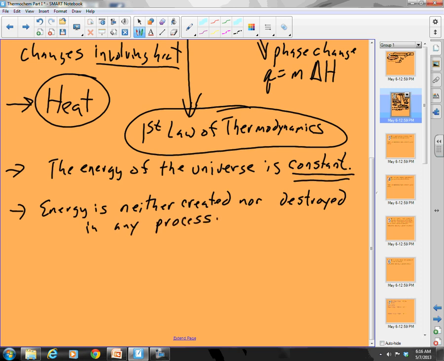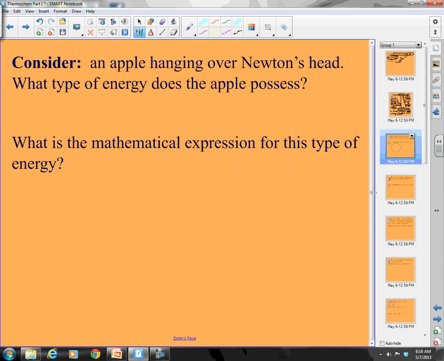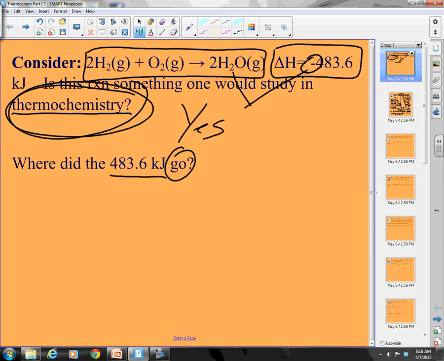So that's really the first law of thermodynamics, meaning that if I have a positive heat somewhere, there must be a negative heat somewhere else. And back to our first question, where did this 483.6 kilojoules go? If we believe in the first law, it doesn't magically appear and it doesn't magically disappear. It just means it's being transferred from one place to another.